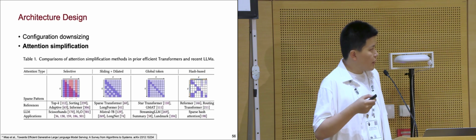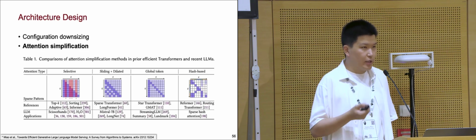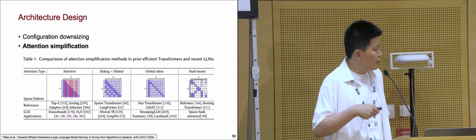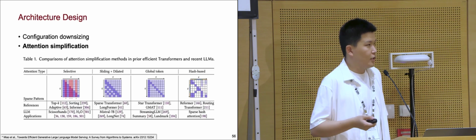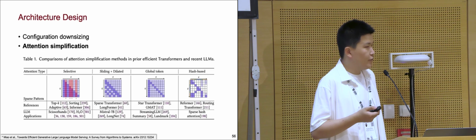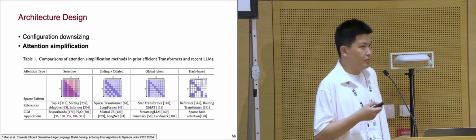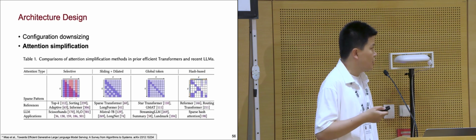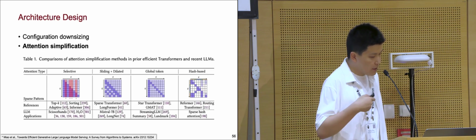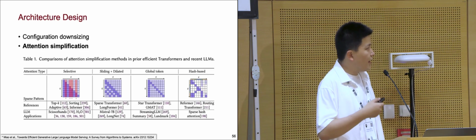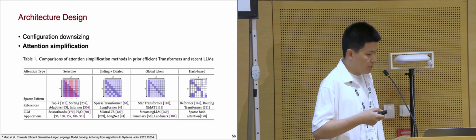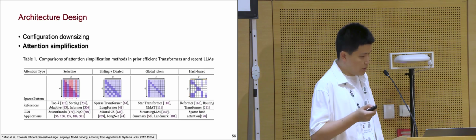It will first try to identify whether the input query or the input token is difficult enough to need the large language model. If it's very easy, we can just use a small language model to get the outputs. So the key challenge here is to design the classifier to determine whether we need to use the large model. This is also a very interesting direction.